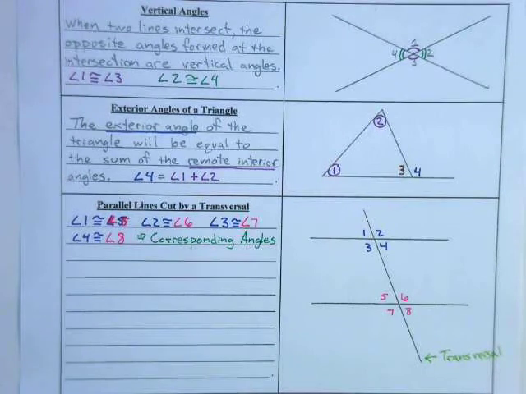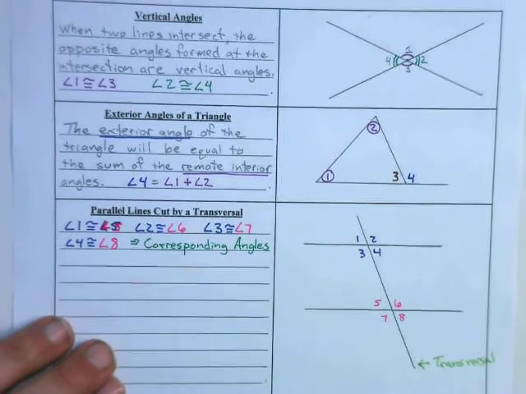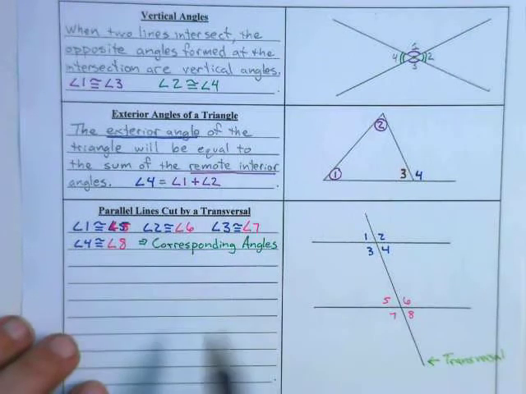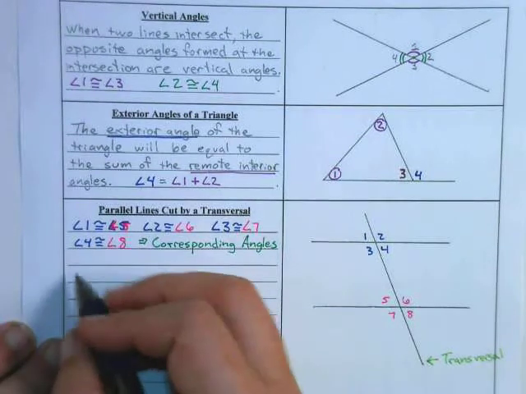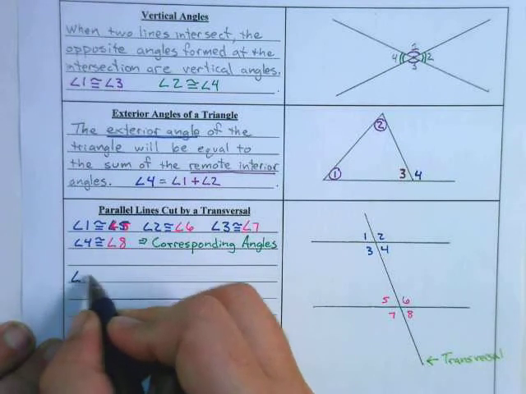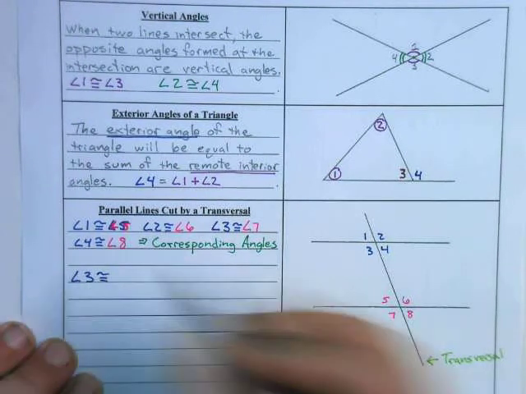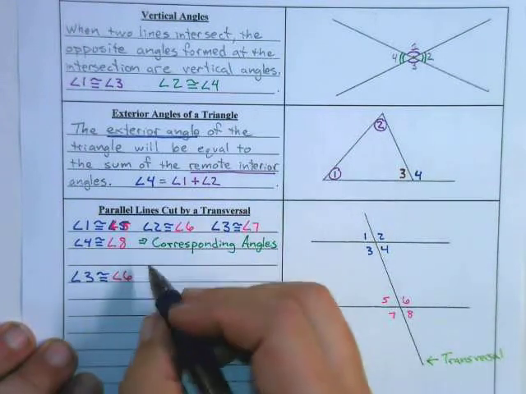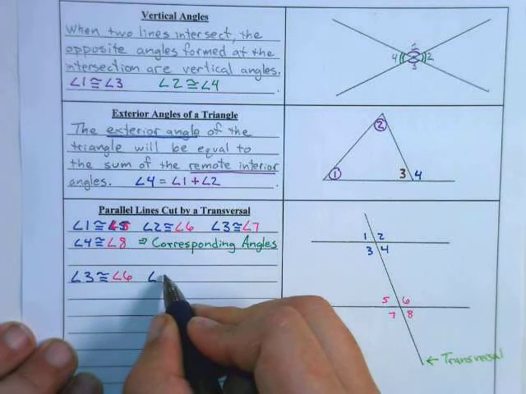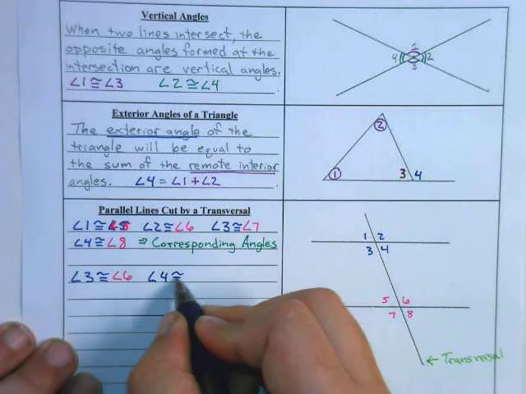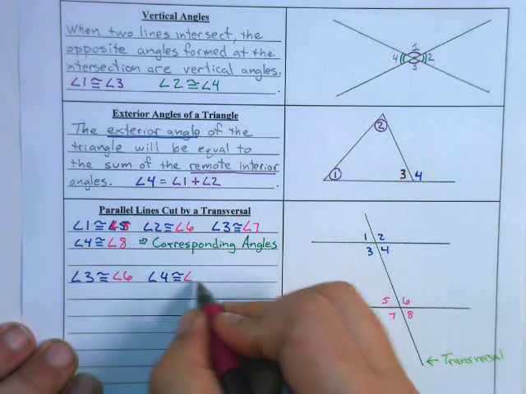Okay. Another set of angles that we have that are congruent are angle 3 is congruent to angle 6, and angle 4 is congruent to angle 5.